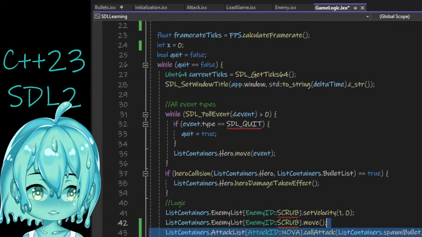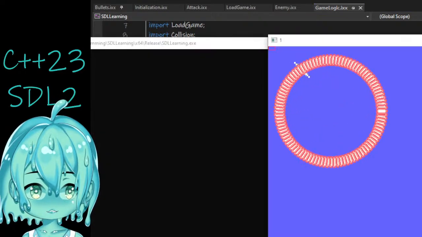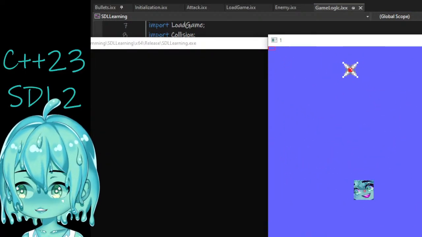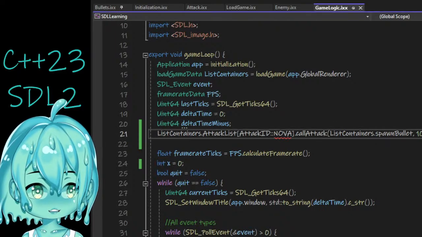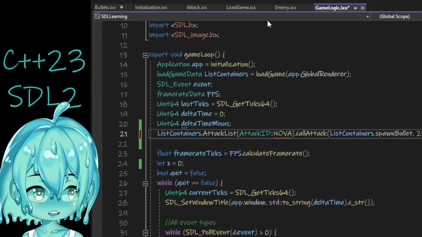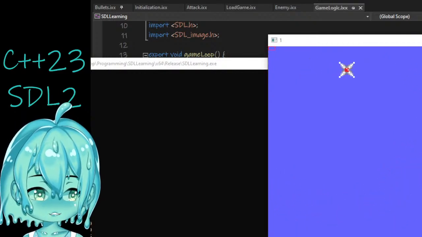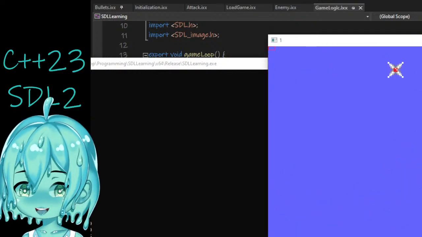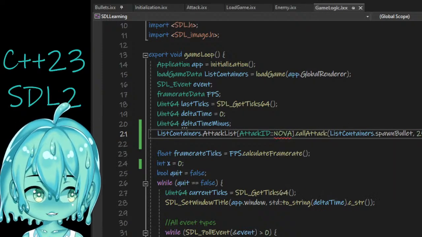Delete that. Let's try shooting 100 and boom. There we go. We have 100. Okay. Can I do 255 at max? Go. Oh, shit. Chat, I think we just figured this out.